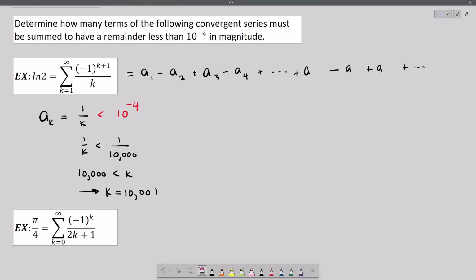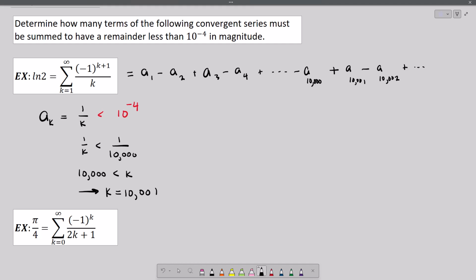Let's make this a minus, this a plus, and then this would be a minus. So 10,001, I'm going to call this a sub 10,001. This would be a sub 10,002. This would be a sub 10,000. Right there. Everyone tracking?